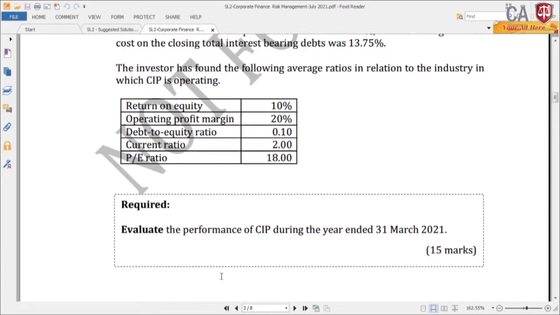And then they have given you the comparative industry ratios, a few ratios from the same industry: return on equity, operating profit margin, debt to equity ratio, current ratio, P/E ratio. Now, first of all, you need to understand that in the financial analysis area of the syllabus, what is expected is that you should be able to calculate the ratios and compare them either with your past information, or with the budgeted information, or the industry information.